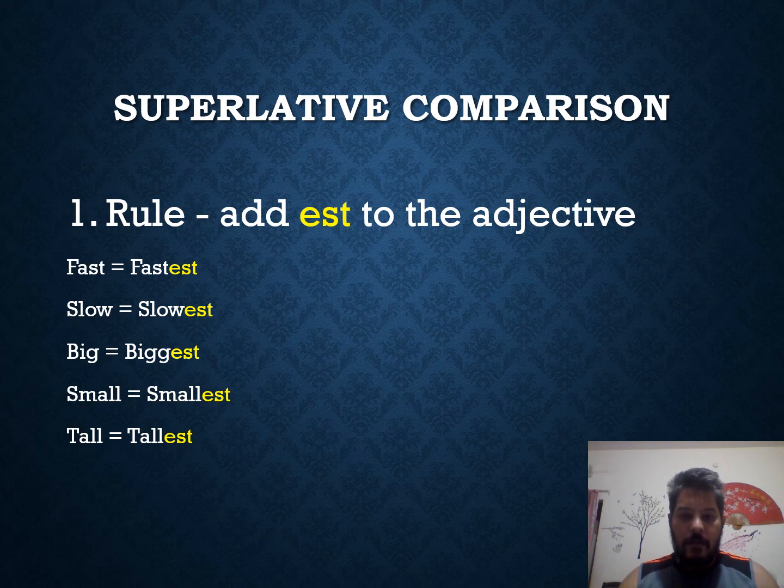Superlative degree. The rule is to add est to the adjective. Similar examples we take from the comparative degree, where fast becomes fastest, slow becomes slowest, big becomes biggest, small becomes smallest, and tall becomes tallest.